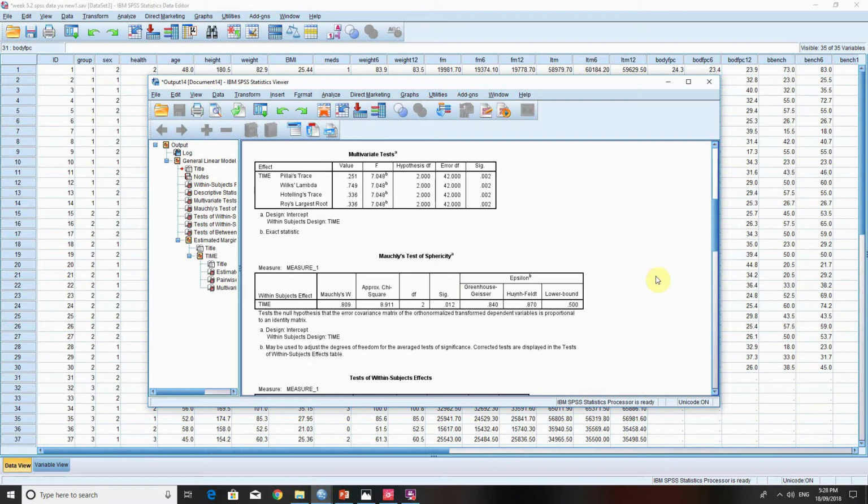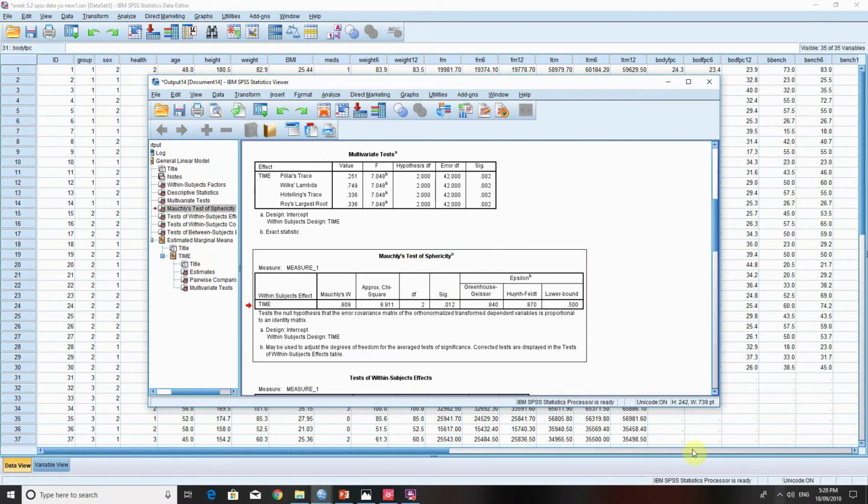What we do want to look at is the Mauchly's test for sphericity. Now, the Mauchly's test pretty much acts like a Levene's test or a normality test, but just for the repeated measures ANOVA. So what we need to see is if we get a significant value for Mauchly's.